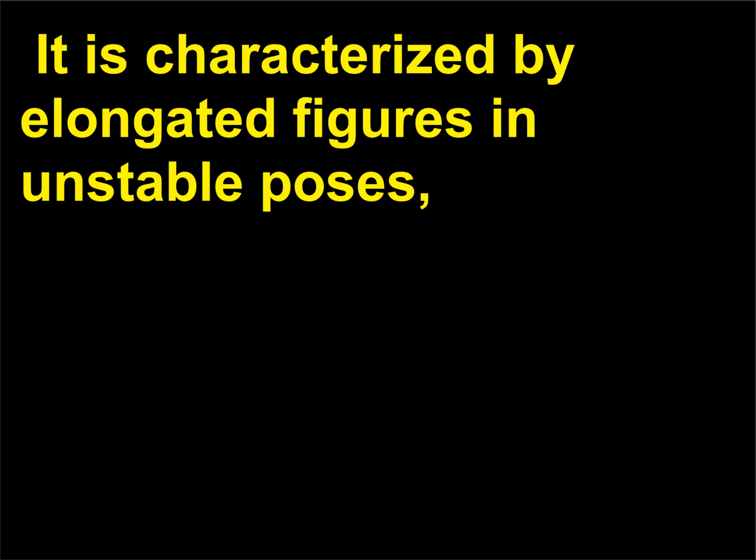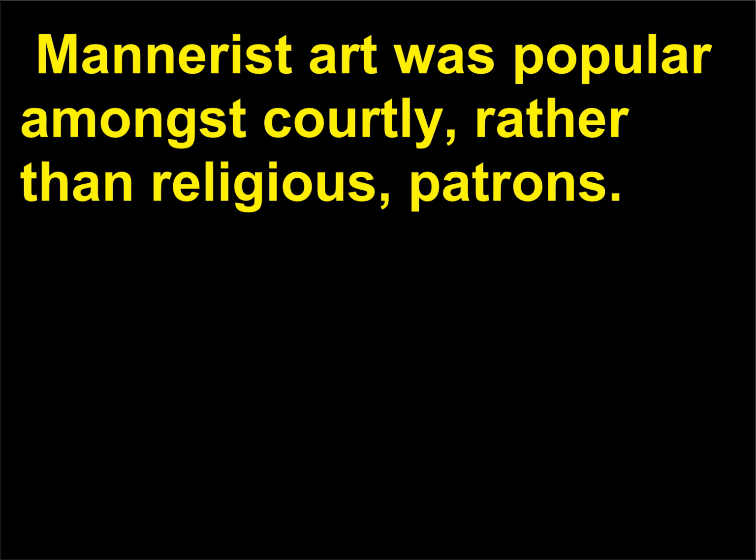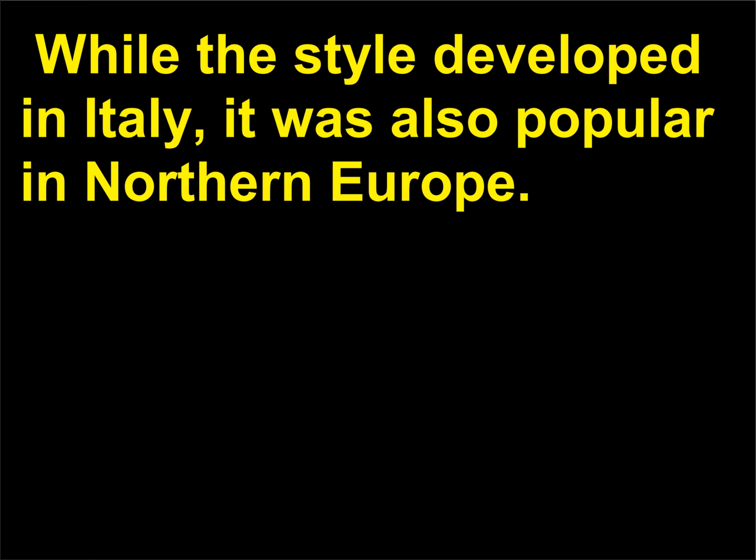It is characterized by elongated figures in unstable poses, the use of pastel colors, and sometimes, sexual overtones. Mannerist art was popular amongst courtly, rather than religious, patrons. While the style developed in Italy, it was also popular in Northern Europe.